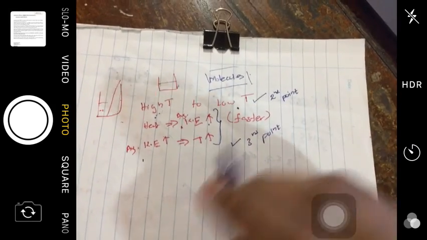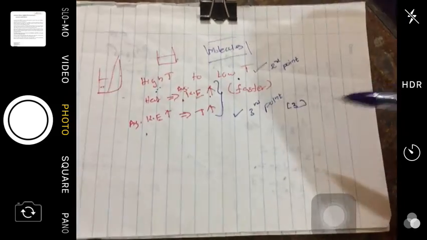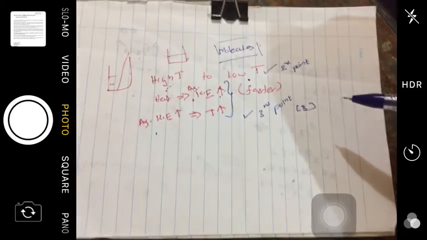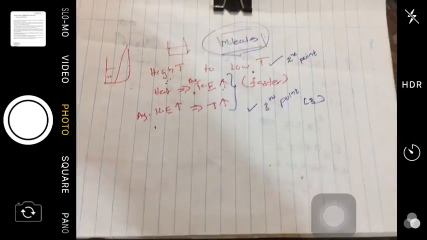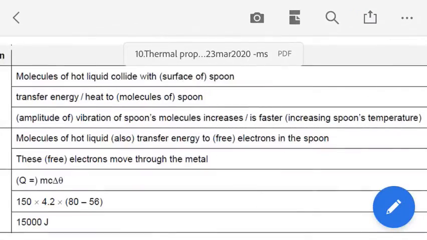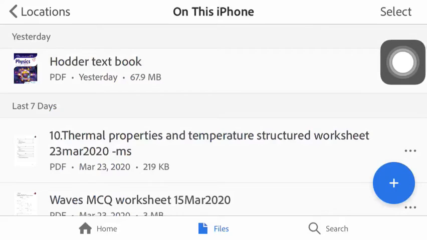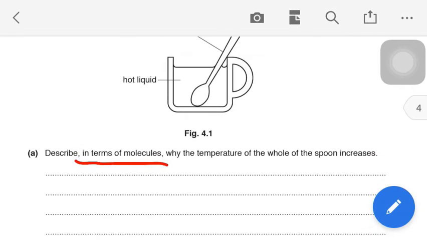So we looked at the question and we thought that it's a 3-mark question, and we have given 3 points, but what we missed is the molecular idea. And if you go back to the question, it is phrased such that it demands you to describe in terms of molecules.